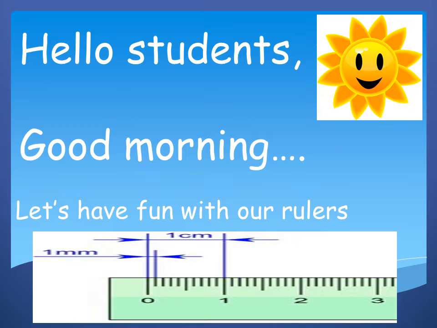Last week, remember, we did measures. We talked about lengths, units of lengths. And if there's anything you remember from last week's topic, it is MCMK. Remember? Millimeters, centimeters, meters, and kilometers. And by now, of course, you already know what each of them measures.